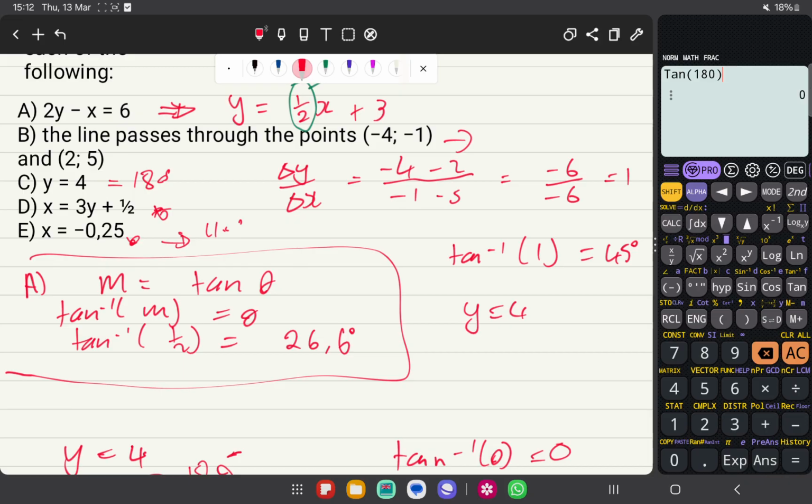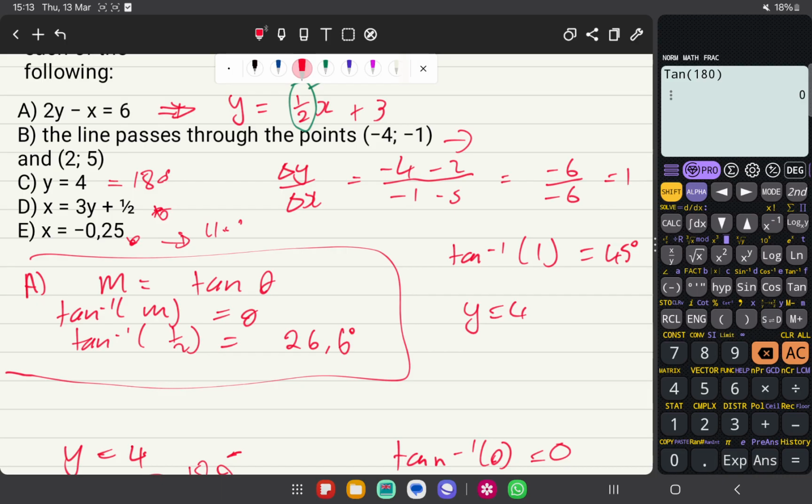So for number E, remember when you have a vertical line, in that case our vertical line is on the other side, on the negative x values. With a vertical line you don't have a gradient.